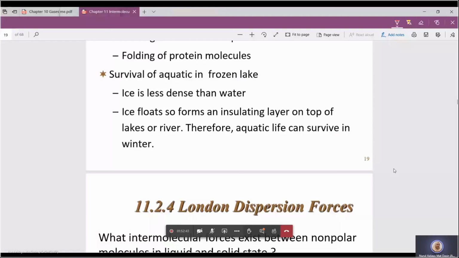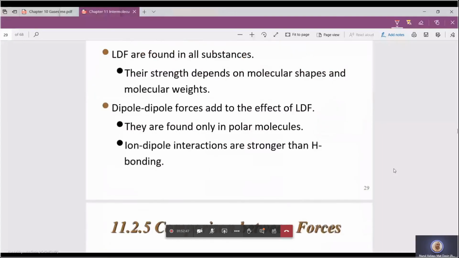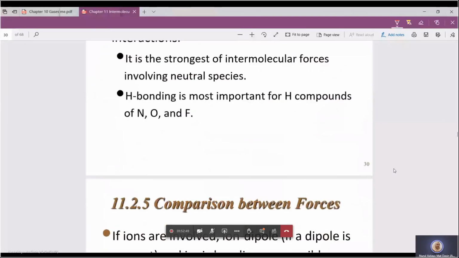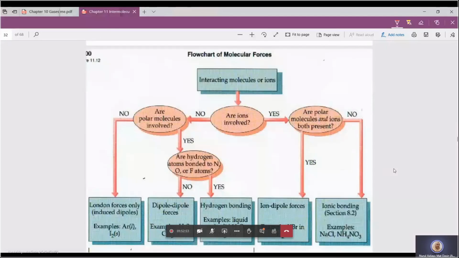Please focus on this. There are a few slides before we stop. Alright, this flowchart. Let's say I took BF molecule. We check whether they have ions in the BF molecule or not. Is BF ions or molecule?